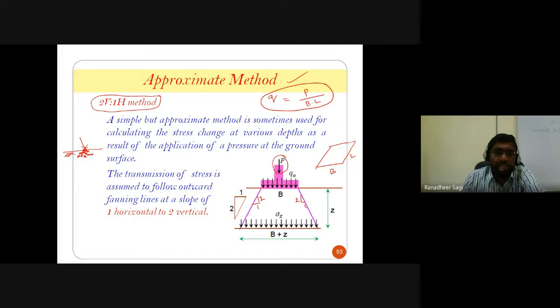In the process, as you move into the deeper depths, the number of particles available at a particular depth, which are responsible for carrying that load coming from the top, is increasing. So the area over which that load is getting distributed increases with depth. So how is that load distribution happening?